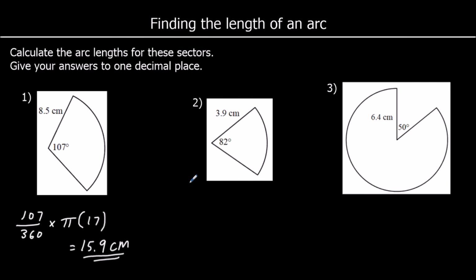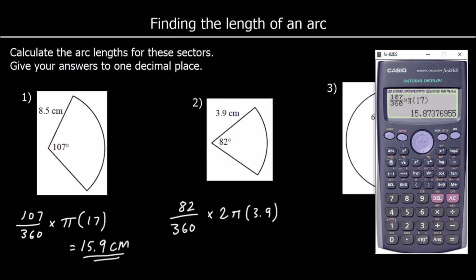For question 2, we've got 82 360ths of the circumference, and we use 2 times pi times the radius. So this fraction of the circumference, again, type it into the calculator, and we're going to give our answer to 1 decimal place.